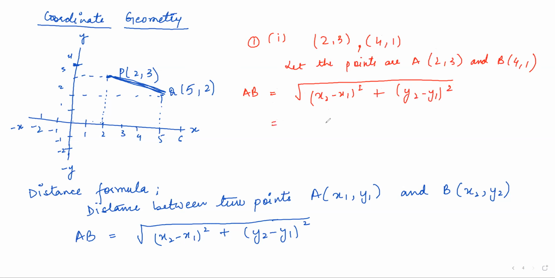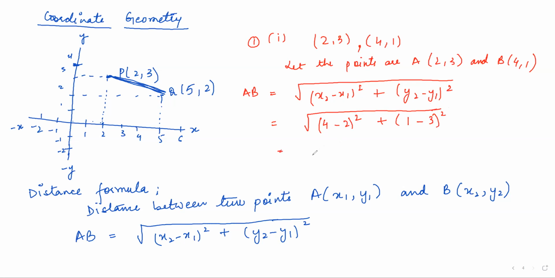Now what is x2, Martin? X2 is 4. And x1? 2. Then y2? 1. And minus y1? 3.